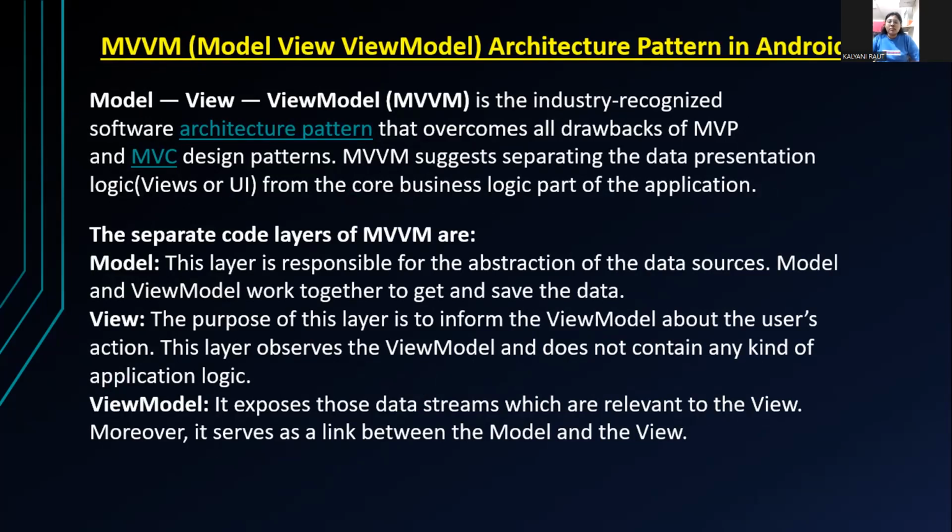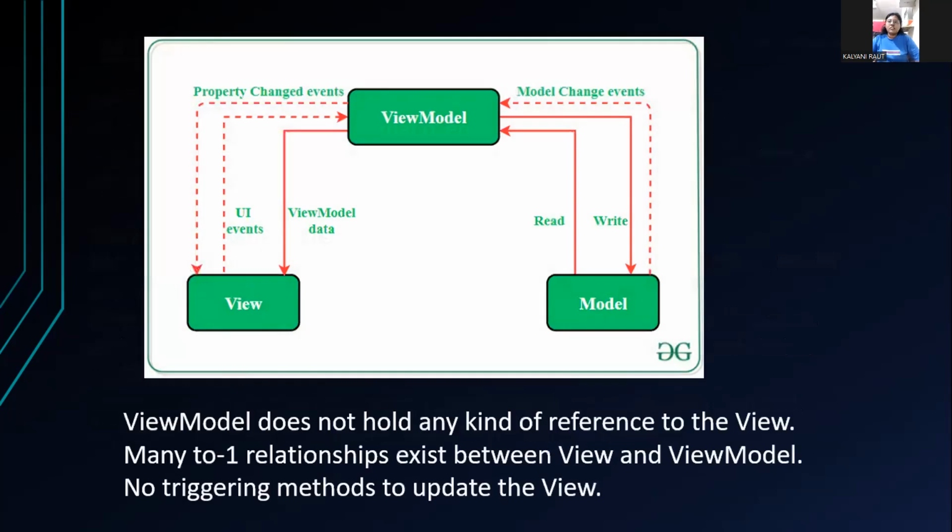The model is the layer responsible for abstraction of the data source. The view layer informs the view model about the user's actions. The view model exposes data streams which are relevant to the view. Then this is the diagram of the MVVM architecture.